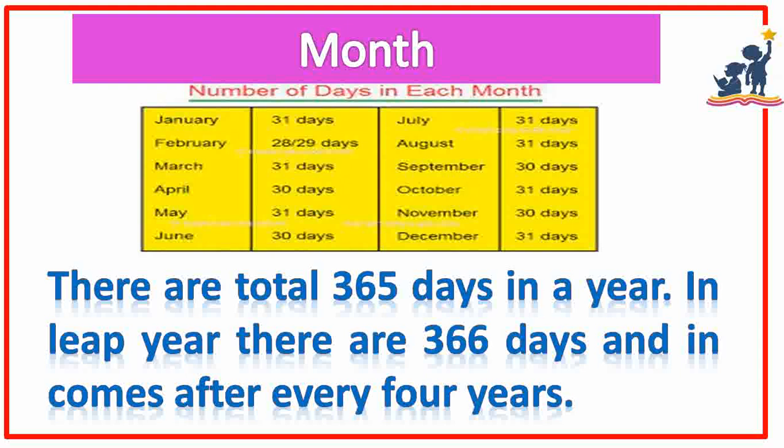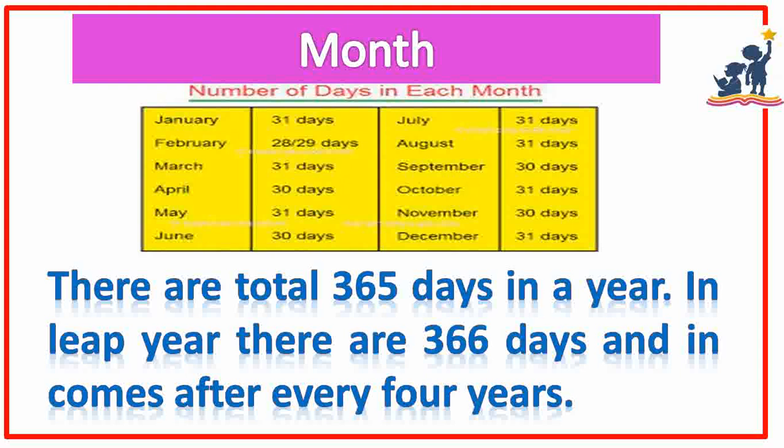January 31 days, February 28 or 29 days, March 31 days, April 30 days, May 31 days, June 30 days, July 31 days, August 31 days, September 30 days, October 31 days, November 30 days, December 31 days.